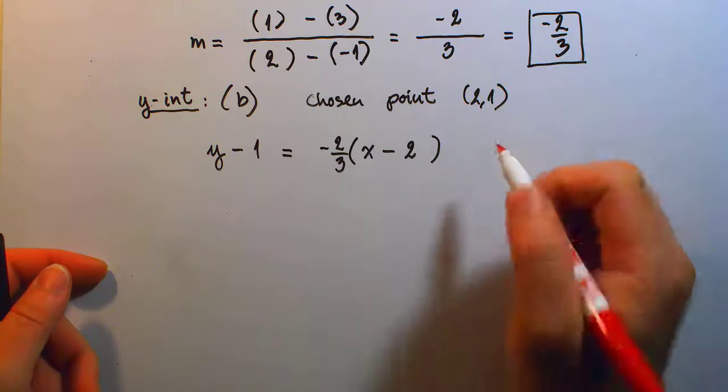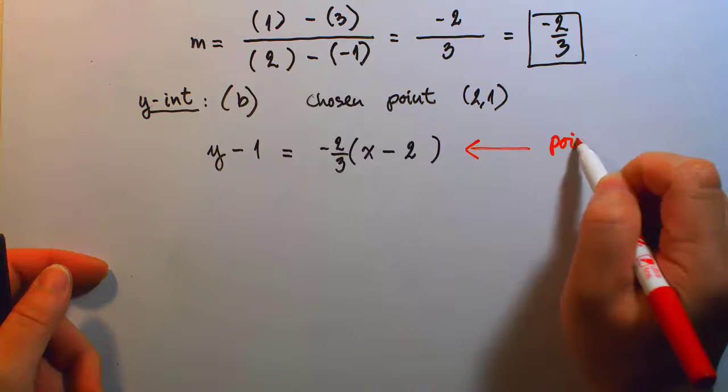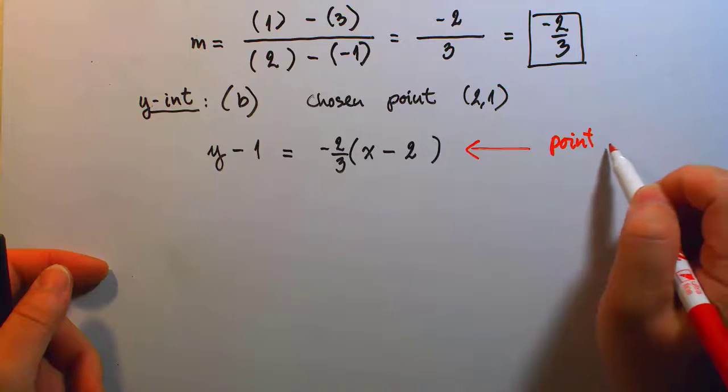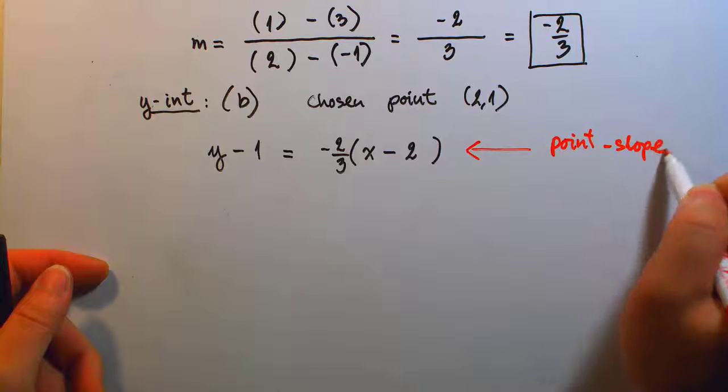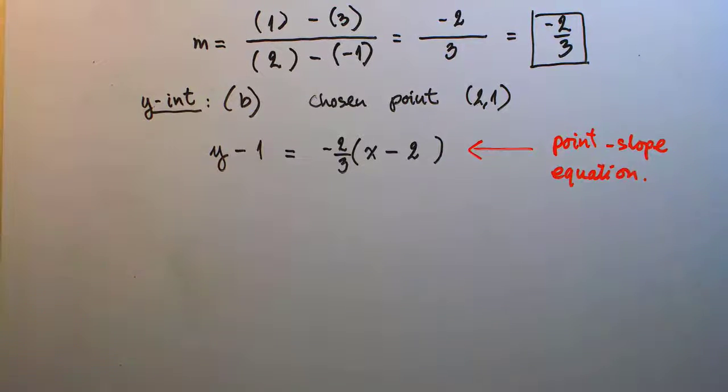So this equation is regarded as the point slope equation of a line, of any line. The alternative I was mentioning is that once you have the point slope equation, we can do a little algebra.